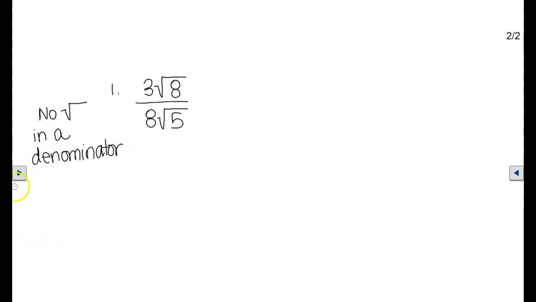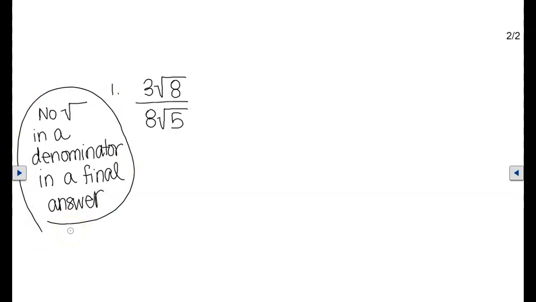So no square roots in a denominator in a final answer. So this is one of those rules of algebra. You are never allowed to leave a square root in a denominator in a final answer, which means that I can't leave this problem like this. I can't divide, and I can't leave it like it is.